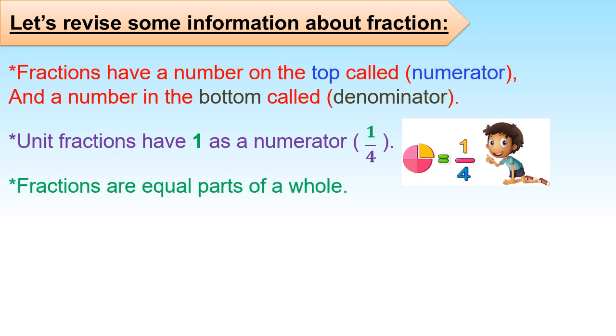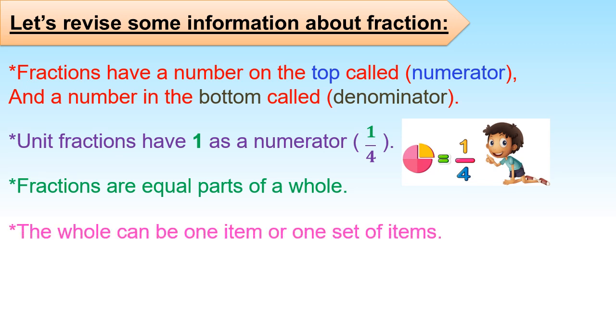Fractions are equal parts of a whole. We said before, if we have one item as a whole and we divide it into equal parts, this is called a fraction. The whole can be one item or a set of items.